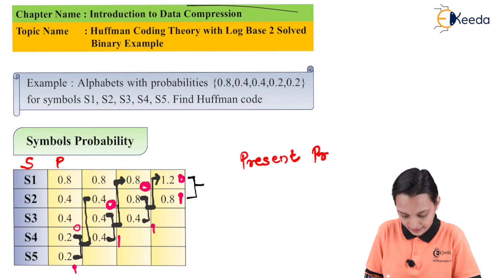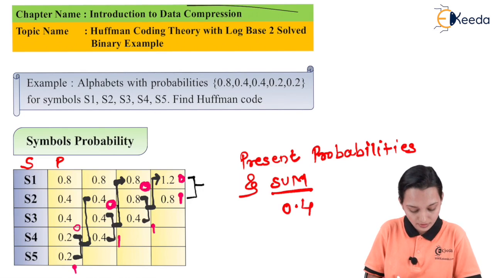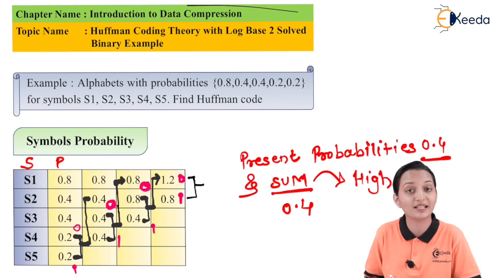the present probabilities and the sum. So the sum is 0.4. After 0.8, what is the present probability? 0.4. Now both are equal. Still, you require to shift the sum to as high as possible level.